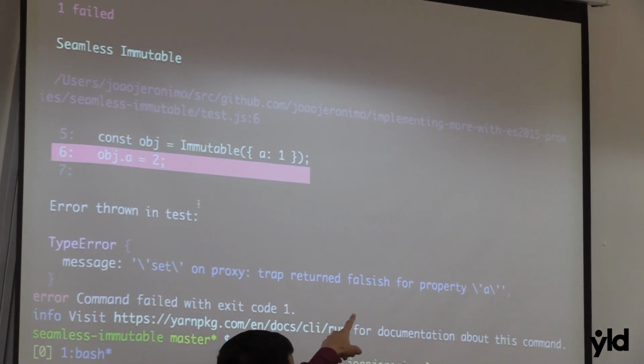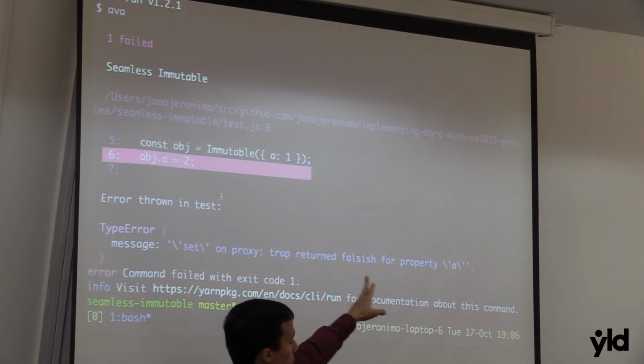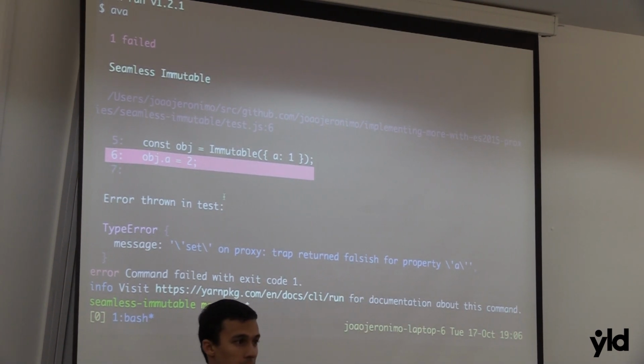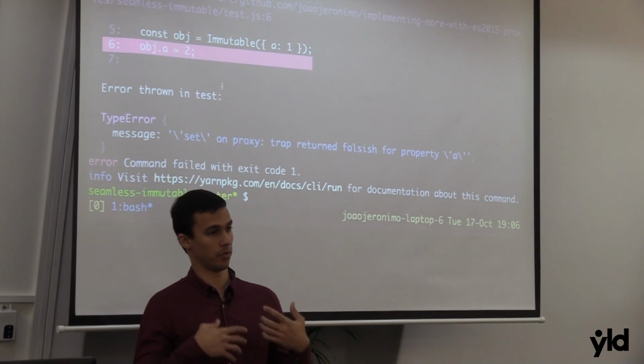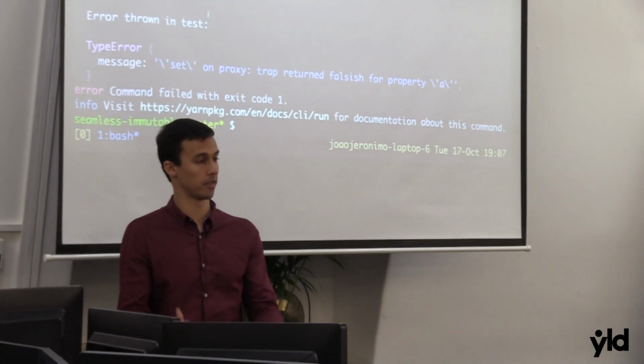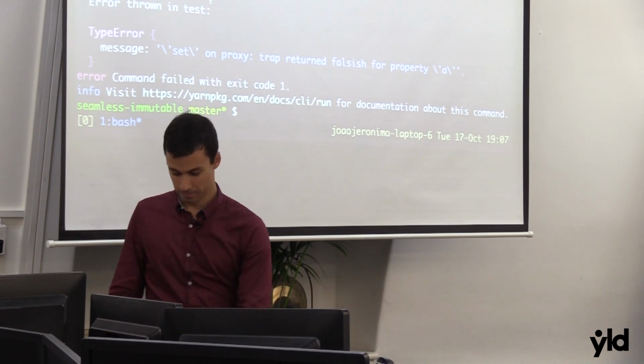Trap returned falsish for property A. So that's it. You need to return true on your sets, and I think deletes as well, if you want to let the proxy API know that your operation succeeded, and that's it.